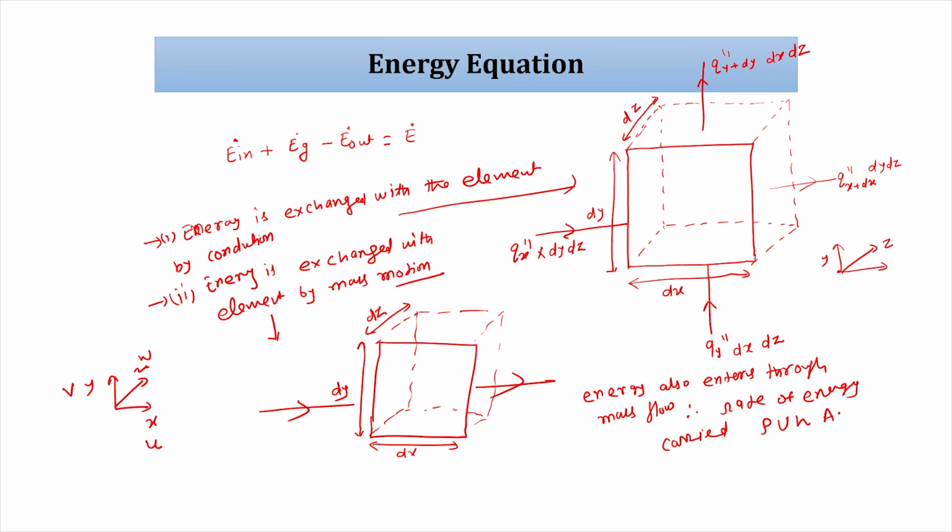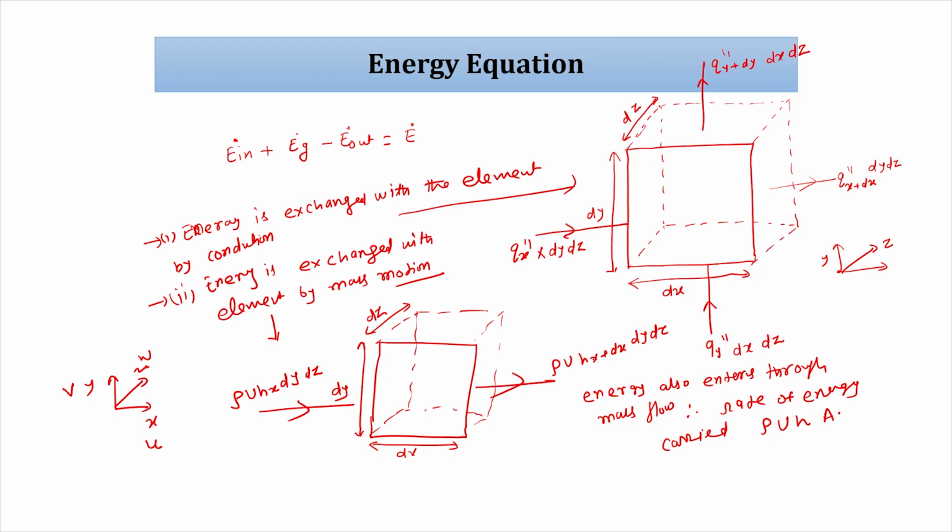So, what will be the area here? What is the energy in the x direction? Rho u h x, enthalpy in the x direction, into dy dz. What will come out? Rho u, assuming that velocity is constant, h x plus dx, dy dz.